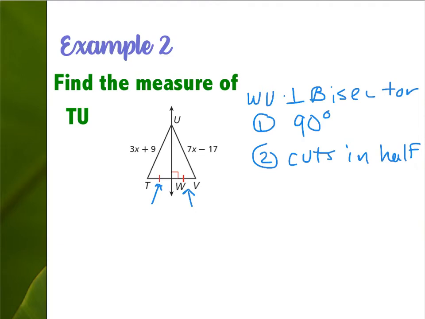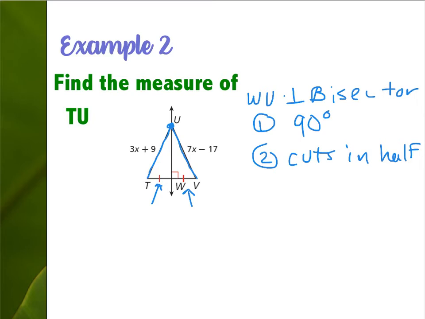So since WU is our perpendicular bisector, what do we know about point U to the endpoints T and V?